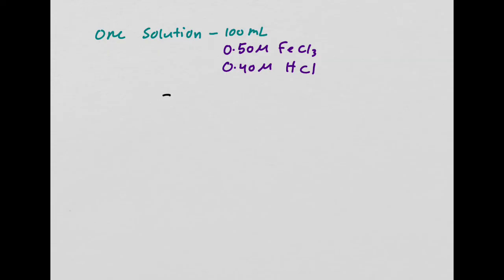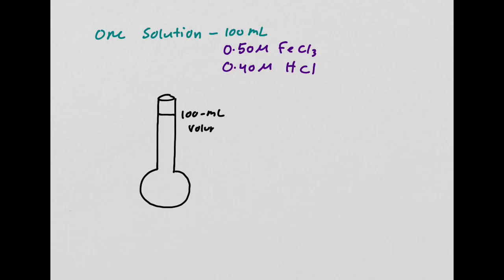Okay, so let me redraw my volumetric flask. Again, you can take different glassware in the lab. I like to take a 100 ml volumetric flask. It makes it easier because I know my final solution needs to be 100 ml. How am I going to do this? We already did the math.